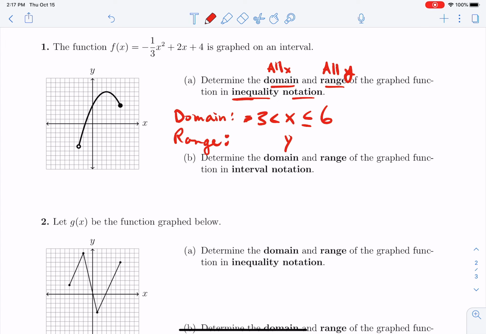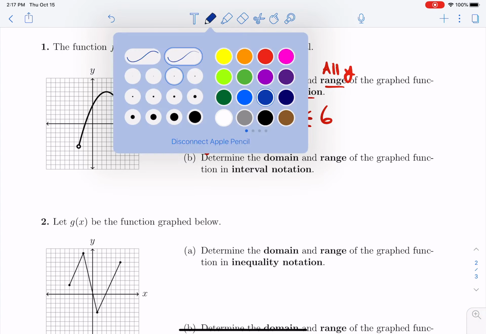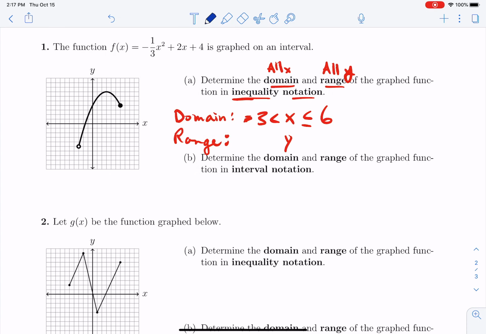All right, so for this problem, for this part of the problem rather, for range, because we're talking about y values, I'm going to use horizontal lines. Now, first I want to ask myself, what's the smallest y value I see there in that function?